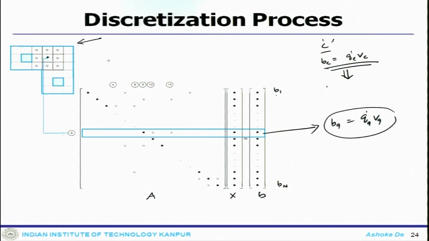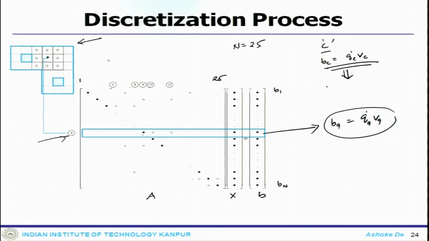Like that, I have all the B1, B2, B3, Bn, and it goes from 1 to 25 in this direction. N is essentially 25 here. Since this is 9 and the neighboring elements are 4, 8, 10, 15, only those components will be active for this particular row.